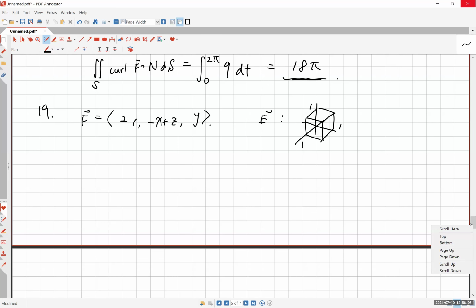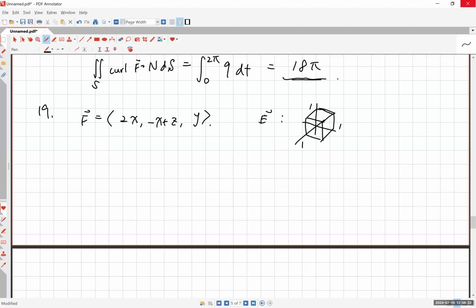Number 19, use the divergence theorem to find the flux of this vector field, 2x, over the surface, which is the 6 sides of the 1 by 1 by 1 cube, the unit cube E described here. X, Y, and Z all go from 0 to 1.